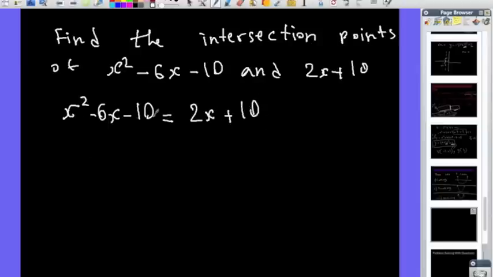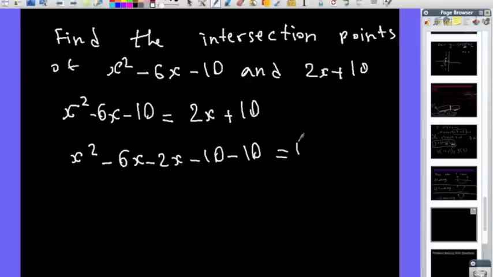Then you rearrange it into one equation: x squared minus 6x minus 2x minus 10 minus 10 equals 0. So this would be x squared minus 8x minus 20 equals 0.